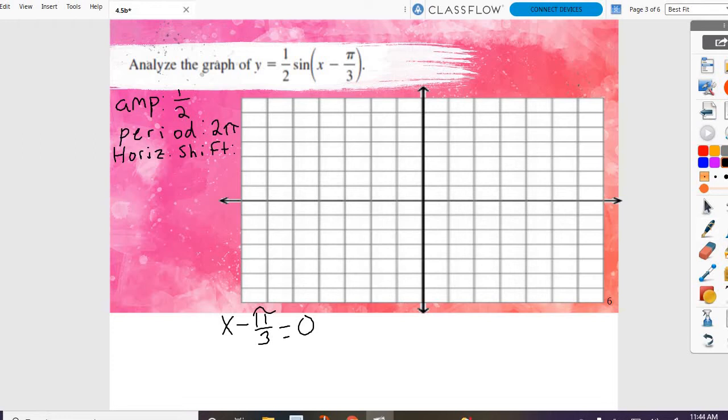You with me? So if I solve for x, what do we get? It's pi over 3. So because it's positive, that means that we've moved to the right, specifically by pi over 3. Do we have a vertical shift? No.